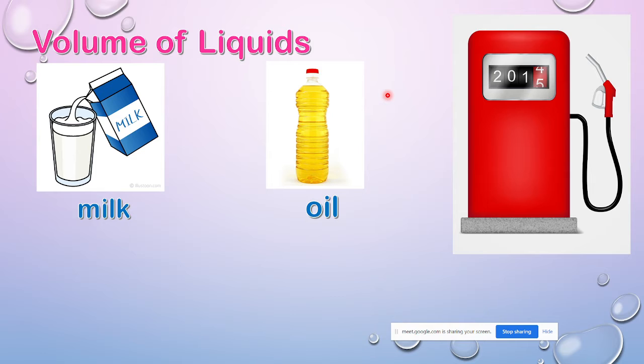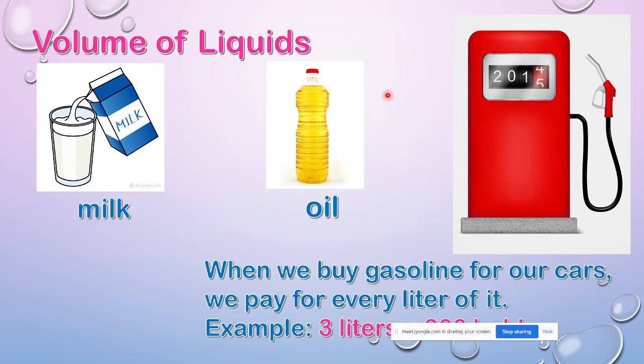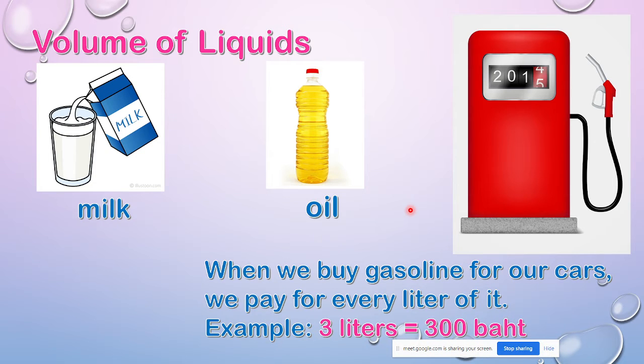You just have to know the capacity, or sometimes you just count. For example, 2 bottles of oil, 3 bottles of oil. Just like when we buy gas for our cars, we have to know how many liters we get, and then you can convert that into how much money you have to pay. For example, if you get 3 liters of gasoline, then you have to pay 300 baht. But I think in Thailand it's much cheaper, right? Not 300 baht.